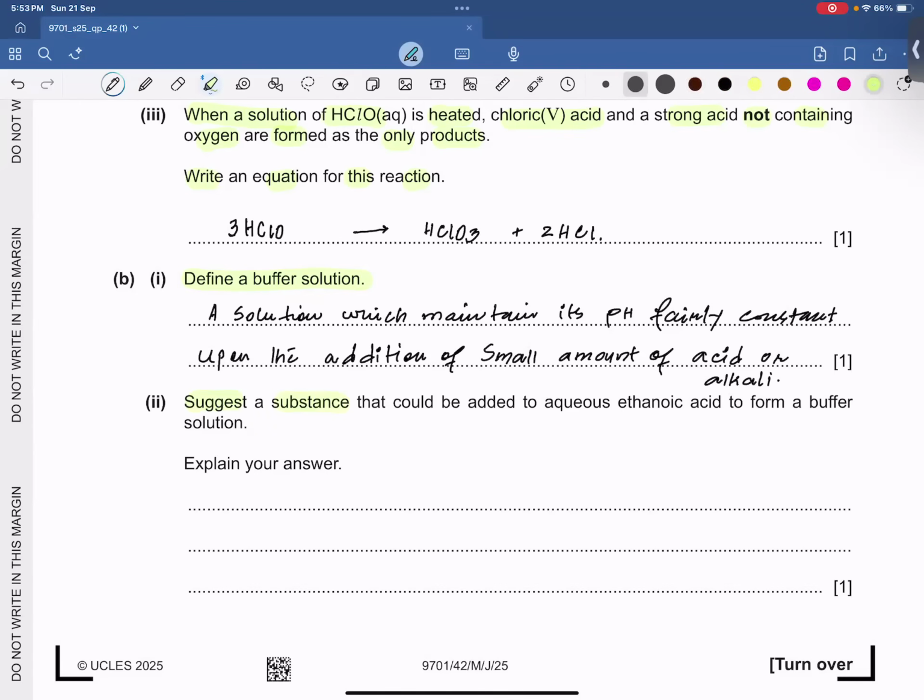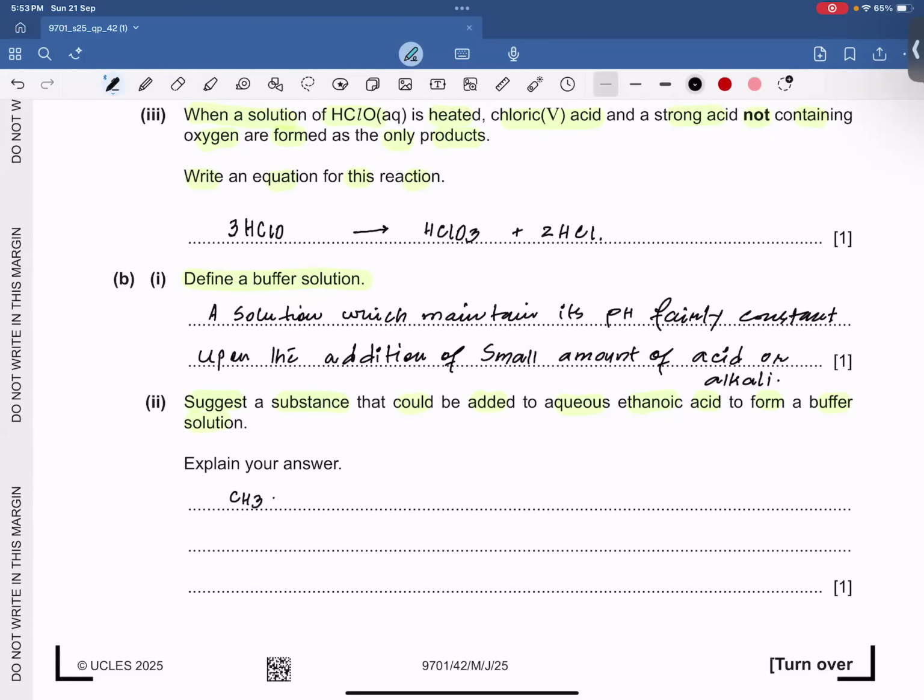Suggest a substance that could be added to aqueous ethanoic acid to form a buffer solution. In order to make a buffer solution, we need a weak acid and a salt of the weak acid. That indicates that in order to make a salt, I need to add sodium hydroxide to it.